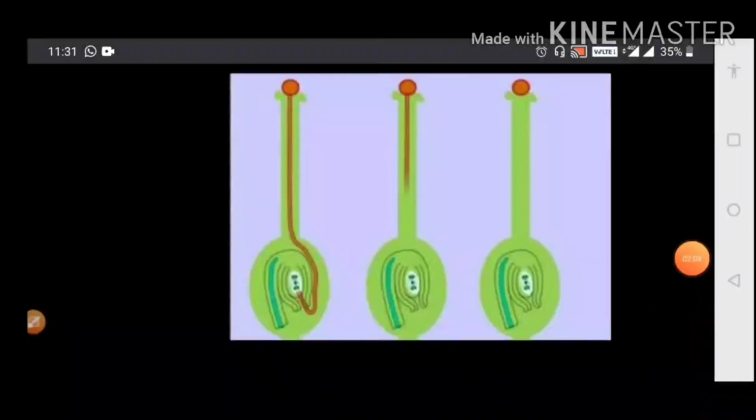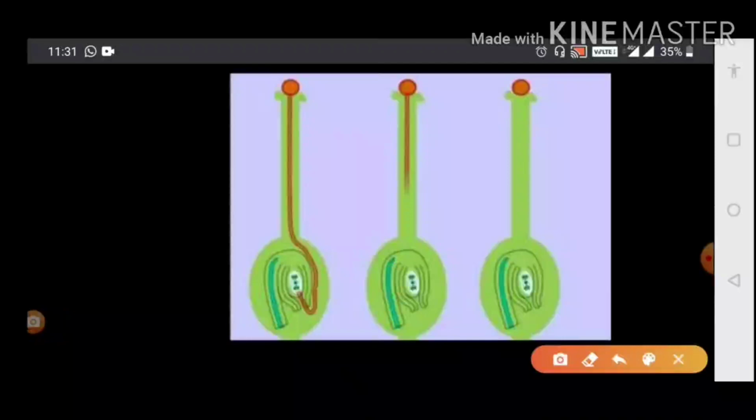Now take this image. I hope you have been able to identify that this image is of a carpel, which has the parts stigma, style and ovary, and on the stigma a pollen has landed.